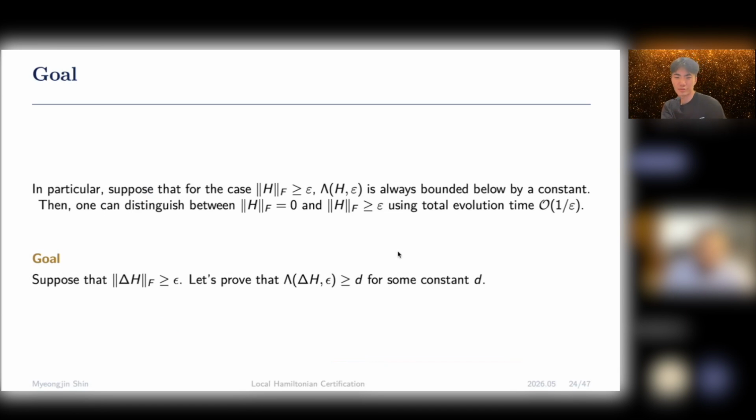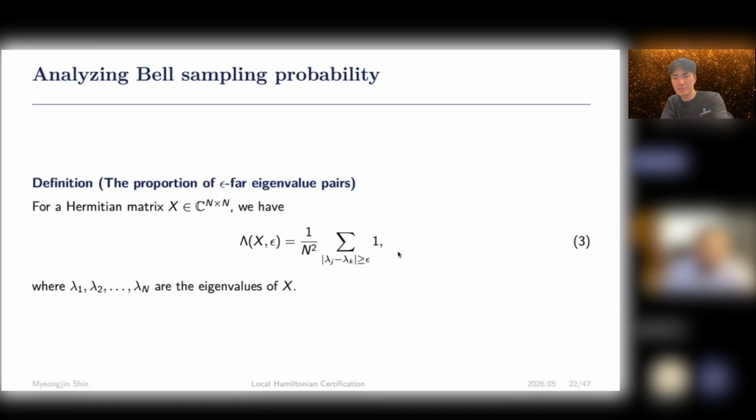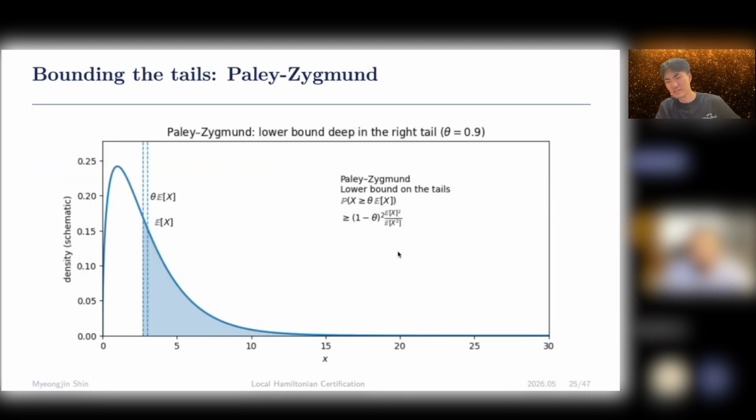So how are we going to do this? Let's recall the definition. This quantity is the proportion of eigenvalue pairs whose difference is at least epsilon. So what is it? It's the proportion of some distribution of the tail.